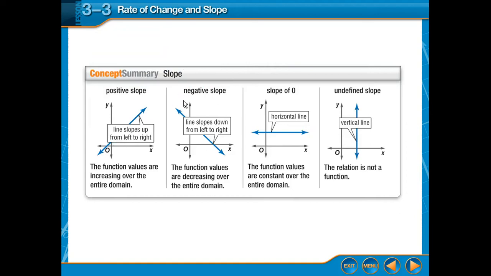A negative slope decreases, so as you go from left to right, it's going to be going down. If you have a slope of 0, that is a horizontal line. It's going to be a straight line, just going straight across. And an undefined slope, remember, that's when you have 0 in the denominator, is going to be a vertical line. Okay?